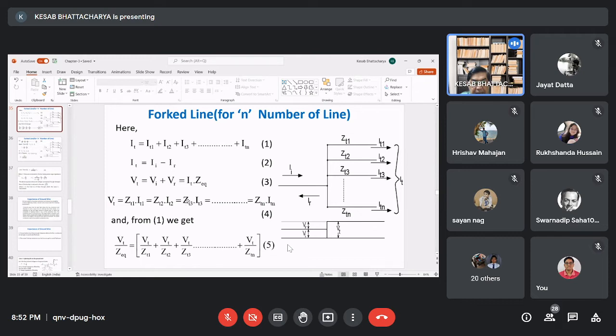Let IT be the current flowing through that equivalent line. And from 1, IT can be written as VT by Z equivalent. That should be equal to VT by Z1 plus VT by Z2 plus VT by Z3, etc. Let this be our equation 5. Is it clear up to equation 5? Yes, sir. Clear.